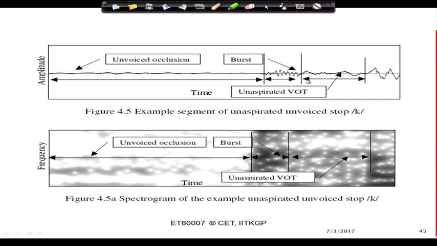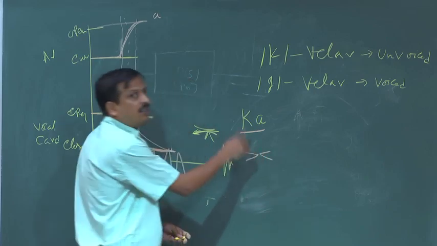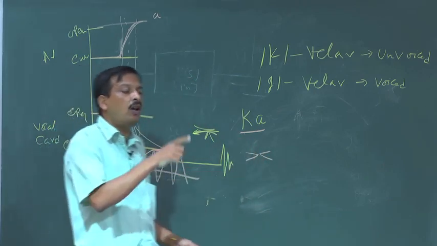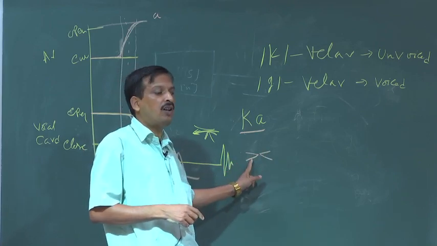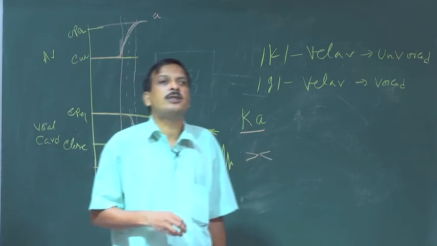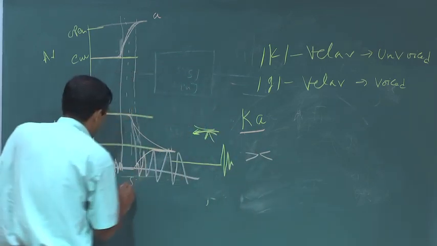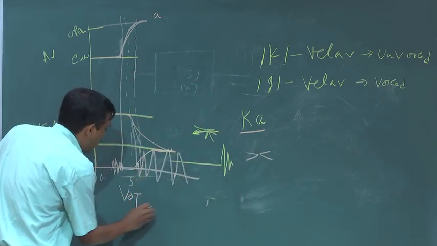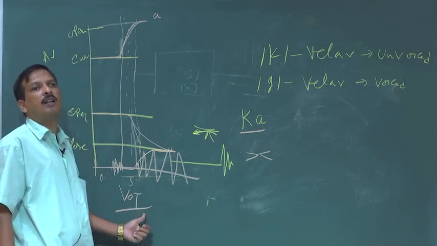During this period, the vocal cord may produce an aspiration sound, then it is called aspirated sound. If aspiration is not there, we call it unaspirated VOT. So, this VOT might be aspirated or unaspirated.